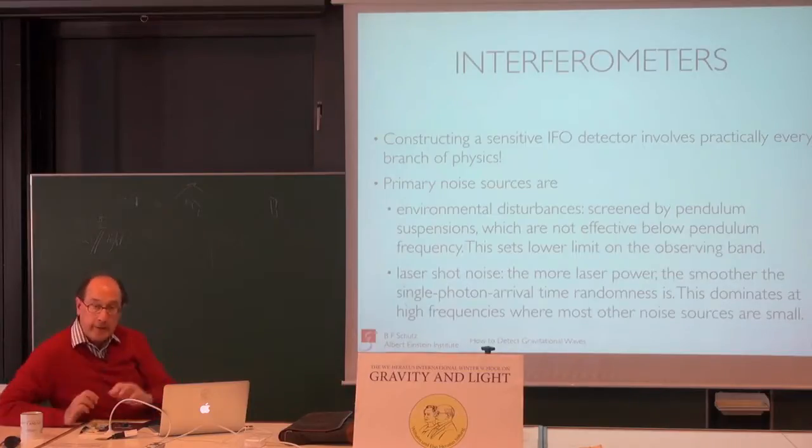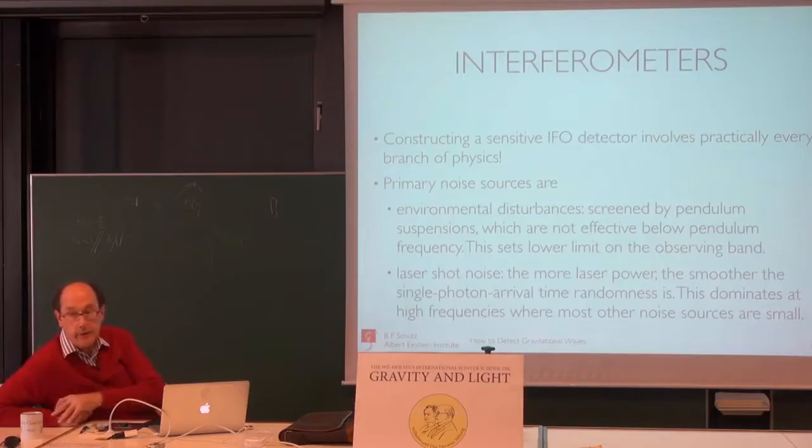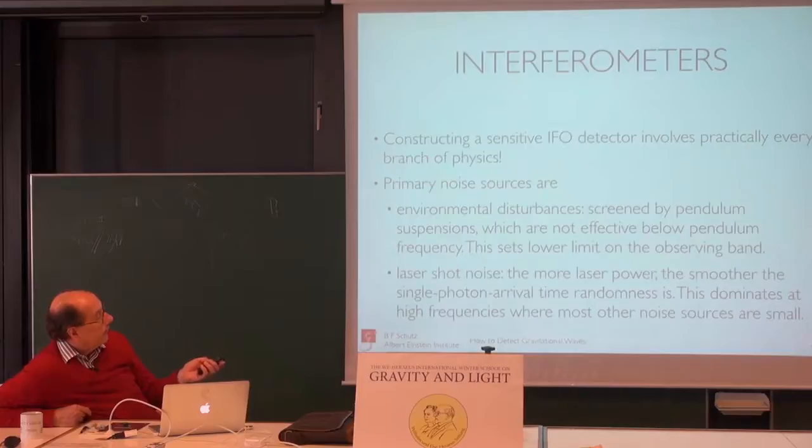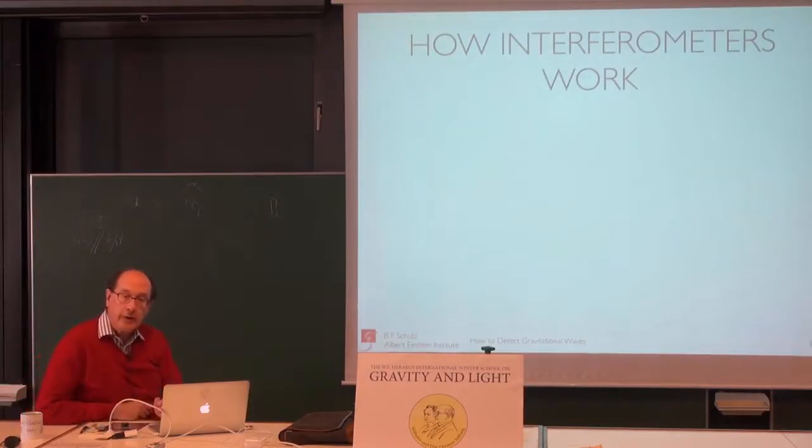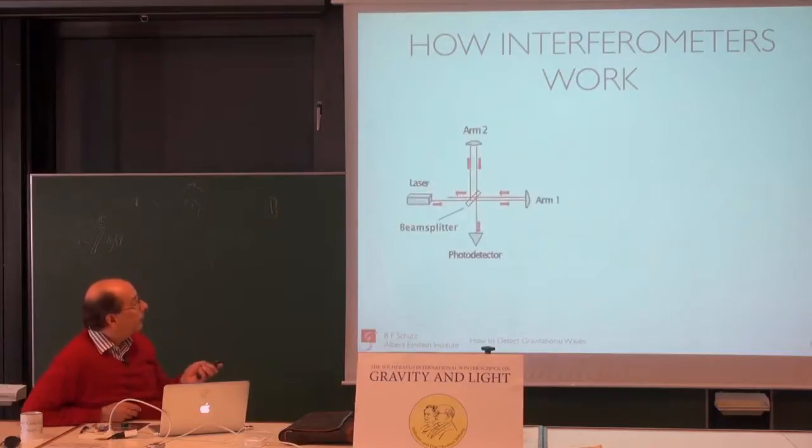You effectively make the two beams correlated so that the photons arrive back in a correlated fashion. That's called squeezed light, and we're doing that. We did that in GEO, and I'll show you some results of that. And that's being put into the big interferometers in a second stage. So we will get below the standard shot noise limit, but it'll still be laser noise, photon noise that affects it. All right, now here's a quick introduction to how to build an interferometer and how it works.